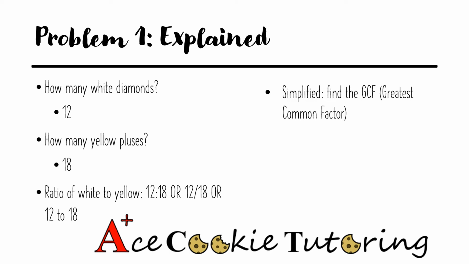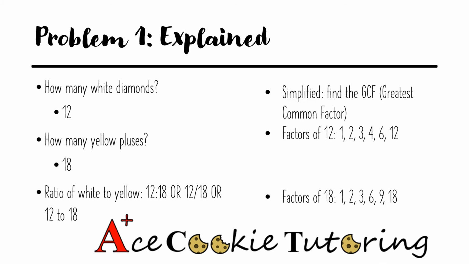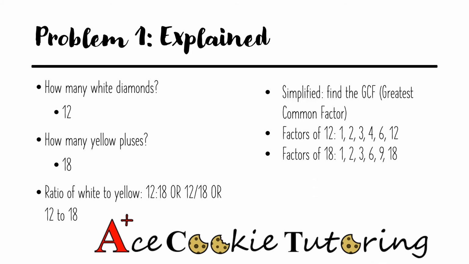But anyway, the factors of 12 and 18, here we go. The factors of 12: 1, 2, 3, 4, 6, and 12. And the factors of 18: 1, 2, 3, 6, 9, and 18. What I did, I wanted to figure out what numbers I could divide 12 by, what numbers I could divide 18 by. These are the numbers that go into 12, and the numbers that go into 18.